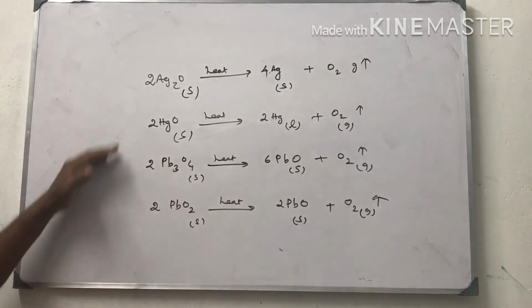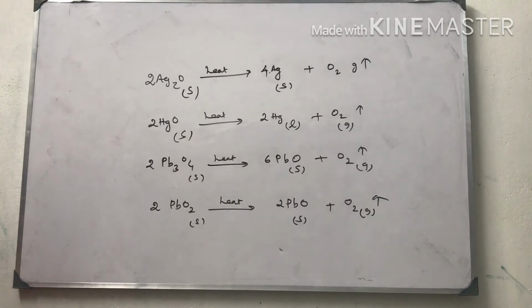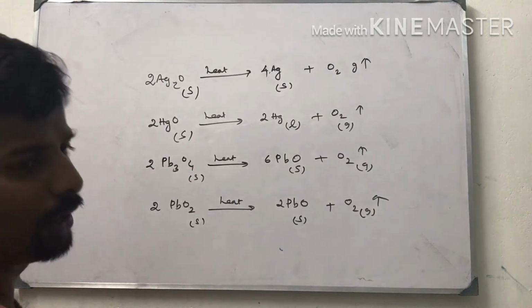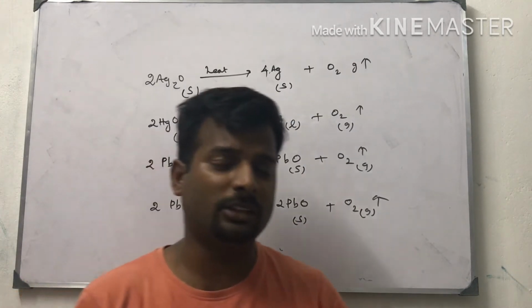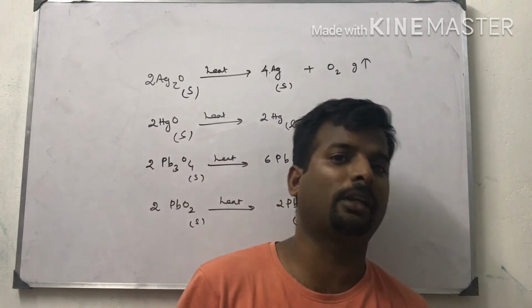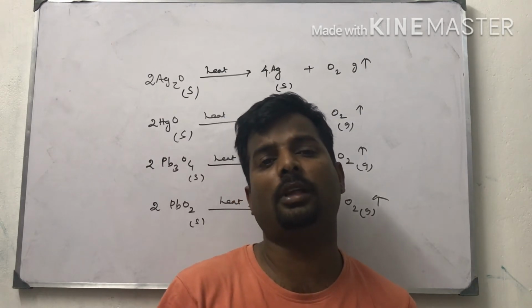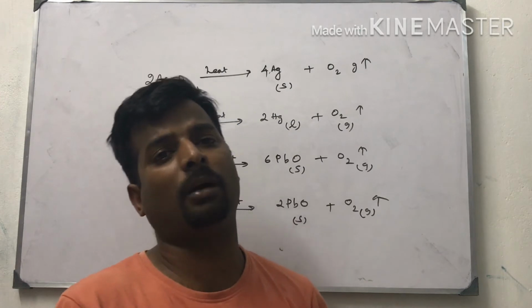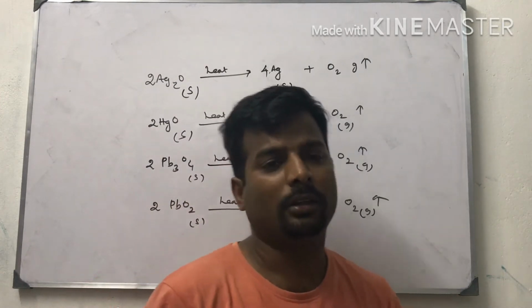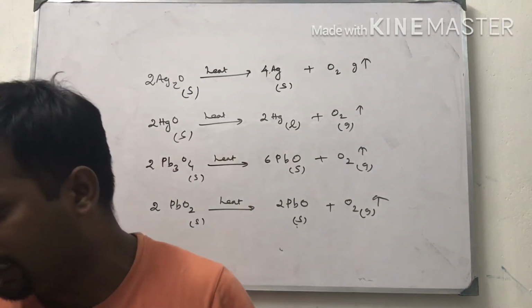So these are mercury, silver, lead. All these are low reactive metals in the electrochemical series. That means the bond between the less reactive metal and oxygen is weaker. So when a small amount of heat is applied, the bond will break. That is the reaction taking place here.